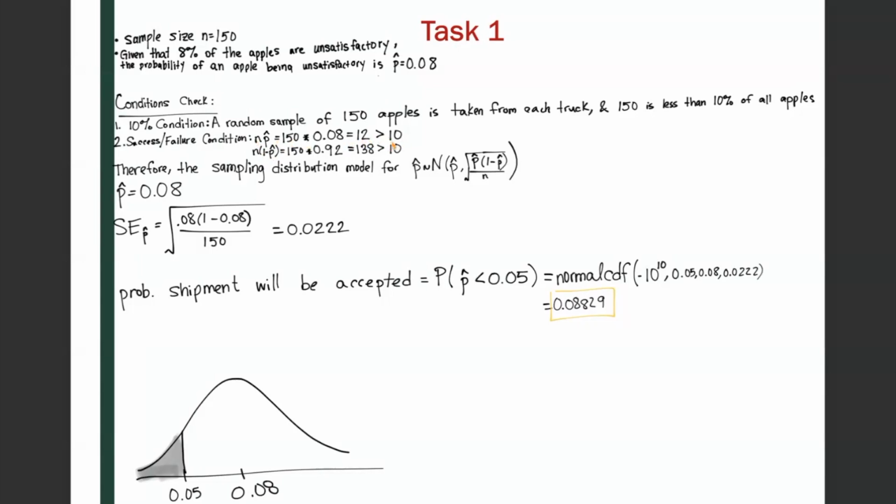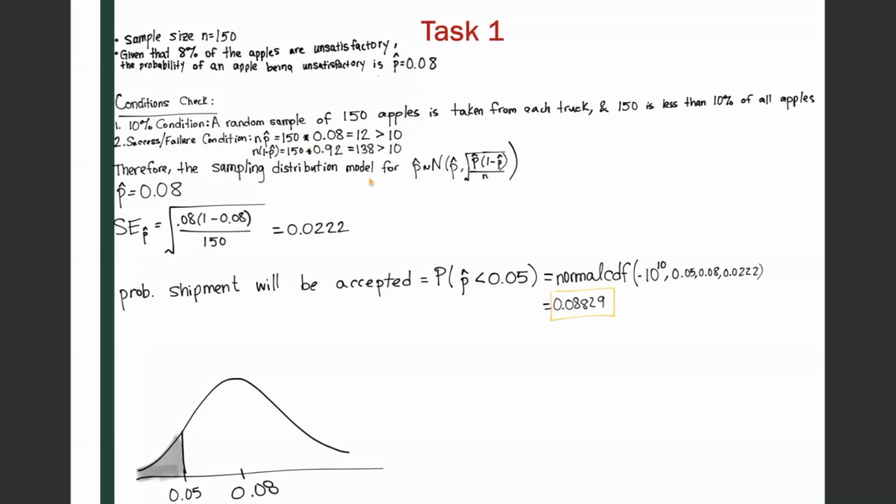So that condition is met. Well, we still have to do the failure part. So n times 1 minus p is 150 times 1 minus 0.08, which is 0.92, which equals 138, which is also greater than 10. So because both of these are greater than 10, the success-failure condition is met.